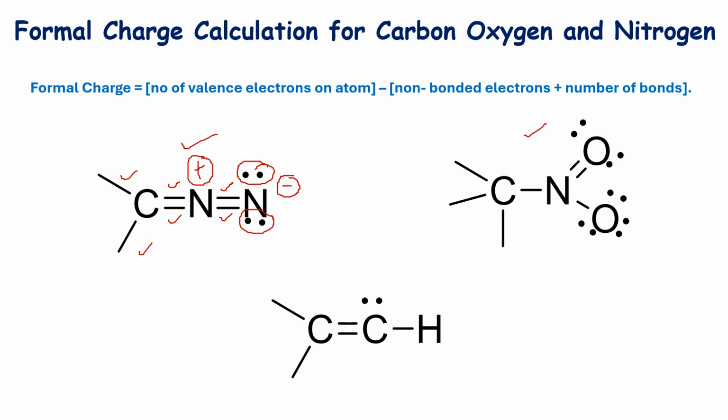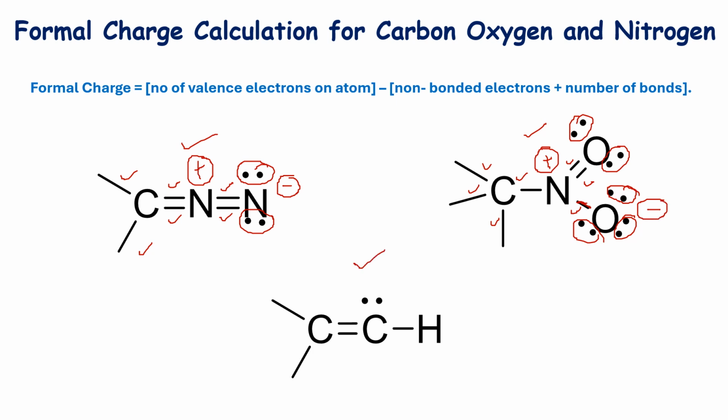In this example, carbon with 4 bonds, formal charge 0, nitrogen with 4 bonds, formal charge +1, oxygen with 2 bonds and 4 non-bonding electrons, the formal charge is 0, oxygen with 6 non-bonding electrons and 1 bond, the formal charge will be -1.